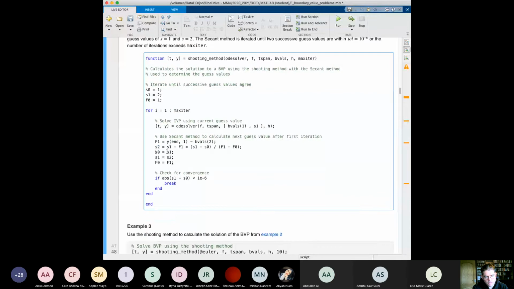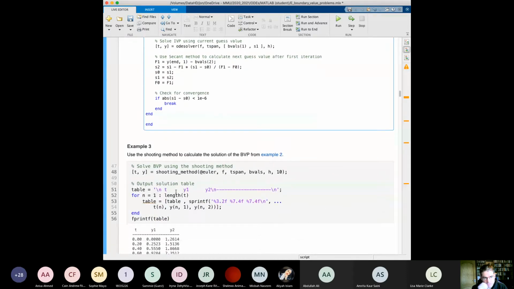And then we have to update S0, S1 and F0 for the next iteration. What we can also do is check whether our two guess values, S1 our new guess value and S0 our previous guess value, because we've just updated them here, are within some small tolerance. If they are, we might as well stop iterating there.